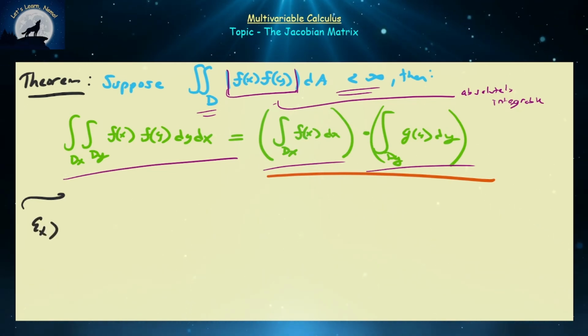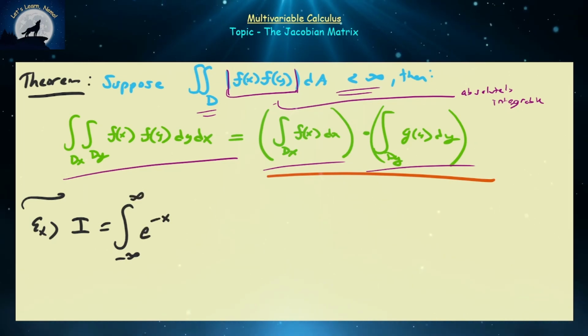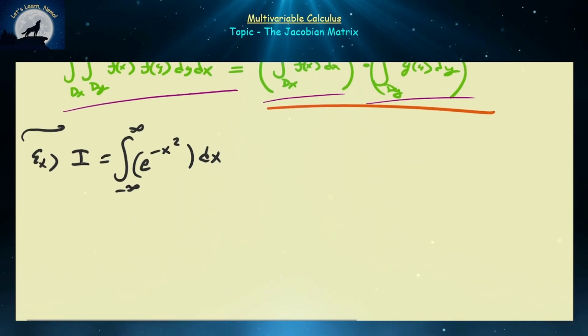So with this idea, what I want to do is use it together with our polar coordinate transformation to find the value of I, which is equal to the integral from minus infinity to infinity of e to the minus x squared dx. This is probably one of the more famous integrals in single variable calculus and also multivariable calculus once you have polar coordinate systems, because it has so many applications.